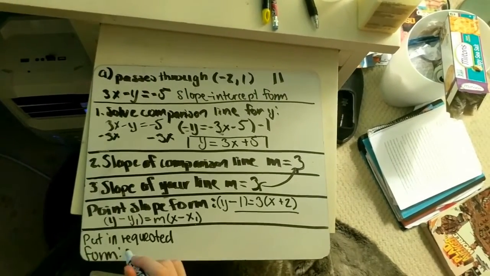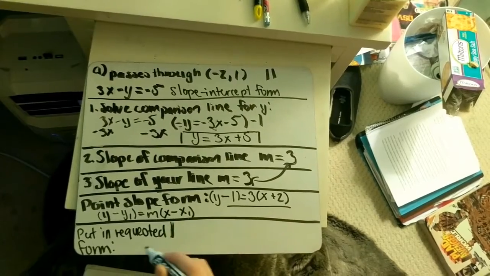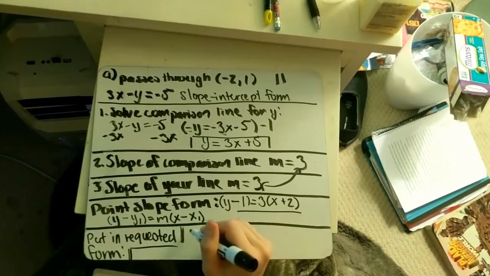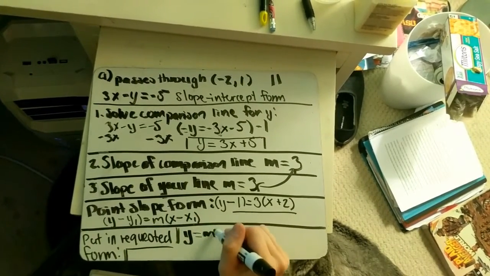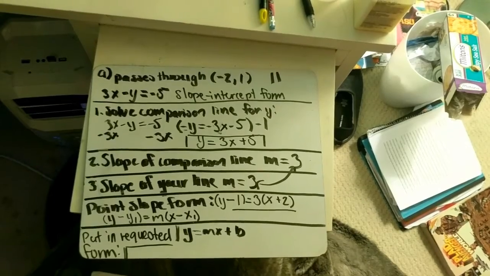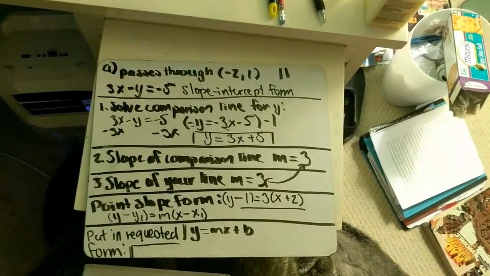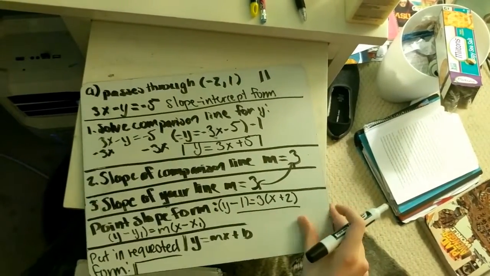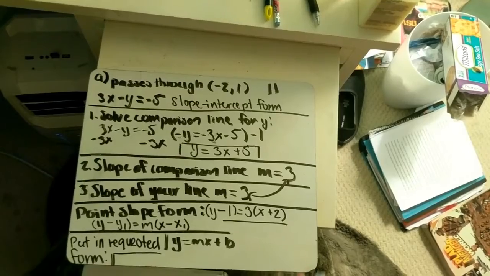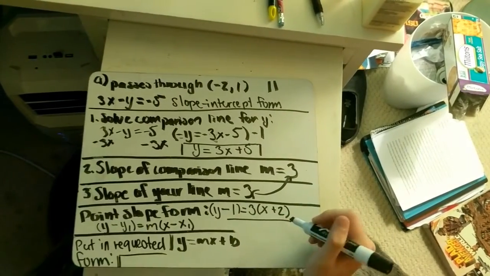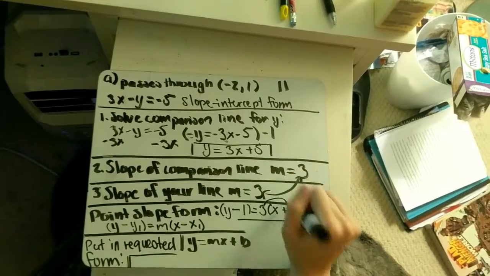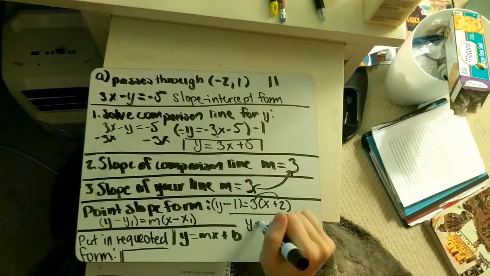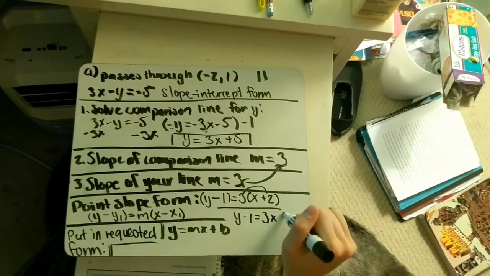However, they asked us to put it in the requested form, which is slope-intercept form. Slope-intercept form is, of course, y is equal to mx plus b. But we have to get there via point-slope form. So we'll distribute out this 3 to x plus 2, and that would be y minus 1 is equal to 3x plus 6.